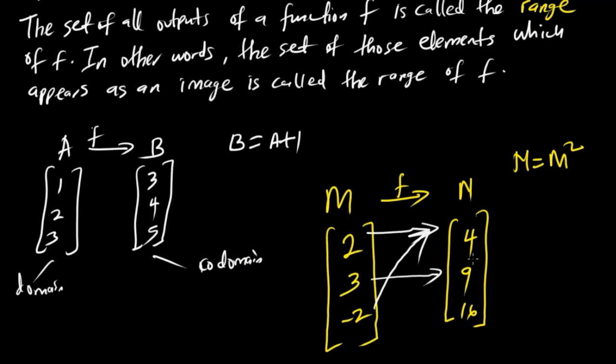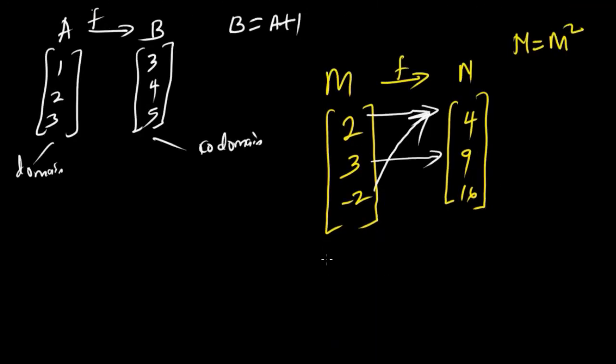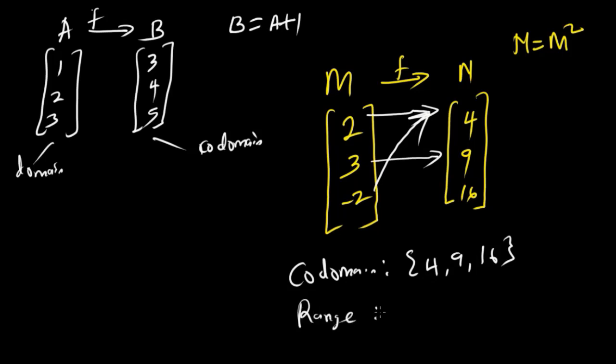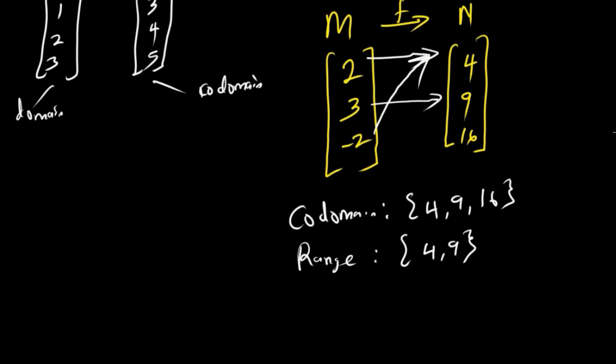So even though we have the elements 4, 9, and 16 as the codomain, the range is simply 4 and 9 because they are the ones that are images of the elements in M. So the codomain is the set 4, 9, and 16, but the range for this particular mapping is simply the elements 4 and 9. So this is the major difference between the codomain and the range.